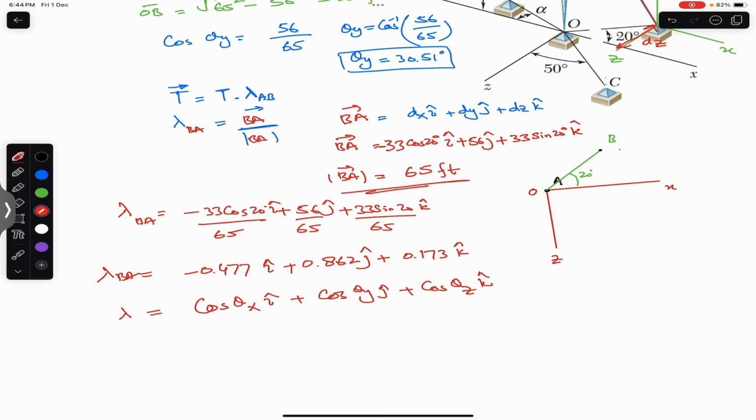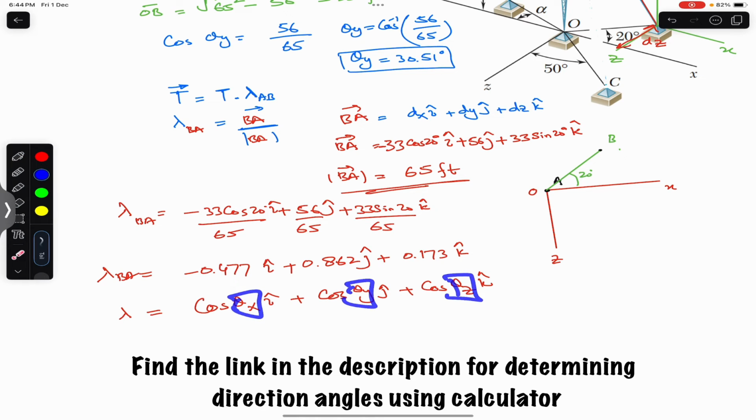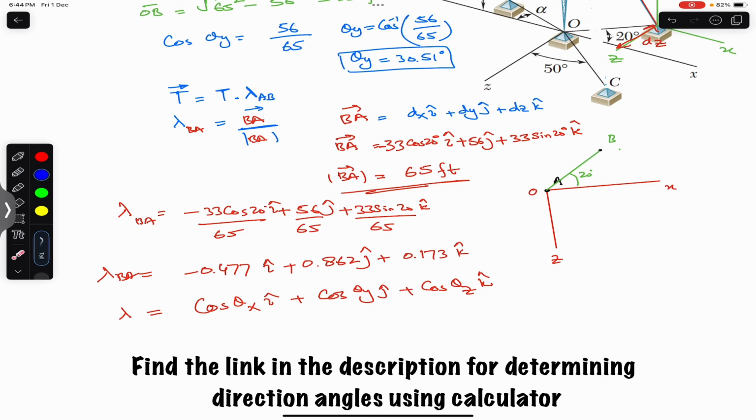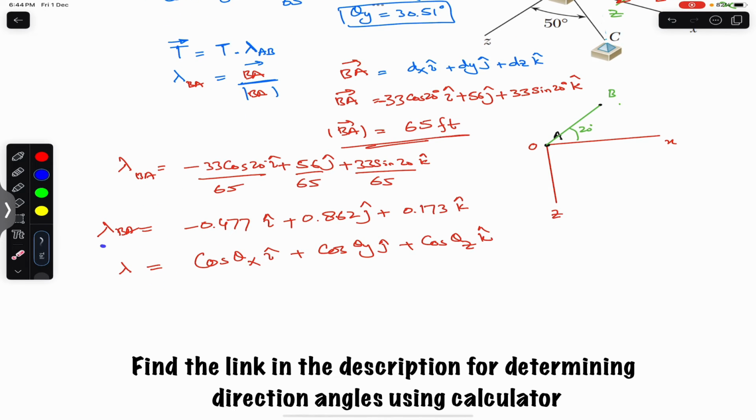And these theta x, theta y, and theta z define the direction of a given vector. These angles are known as the direction angles, and these components of the unit vector are known as the direction cosines. So by comparing this and this, cos of theta x is equal to this, cos of theta y is equal to this, and cos of theta z is equal to this.